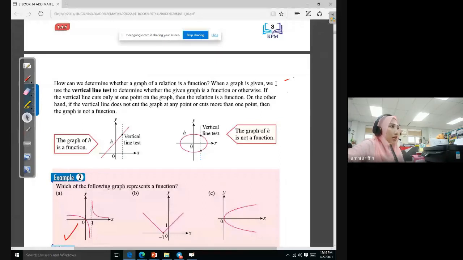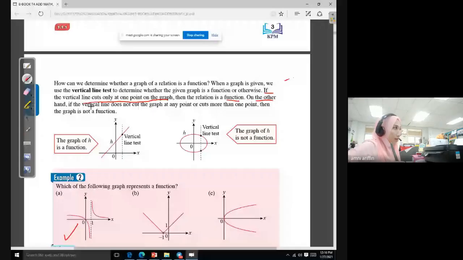Kalau kamu nampak dekat sini ayat dia, kita baca ayat dia dulu. Dia kata if the vertical line cuts only at one point on the graph, then the relation is a function. On the other hand, jika sebaliknya, if the vertical line does not cut the graph at any point or cuts more than one point, then the graph is not a function.